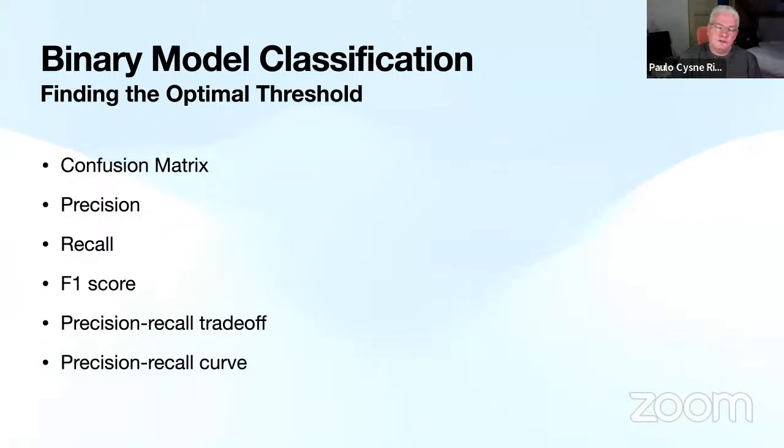all the models return probabilities, and the default threshold is 0.5.